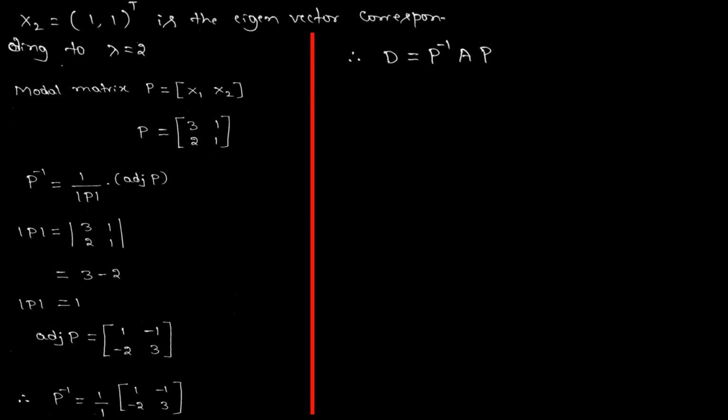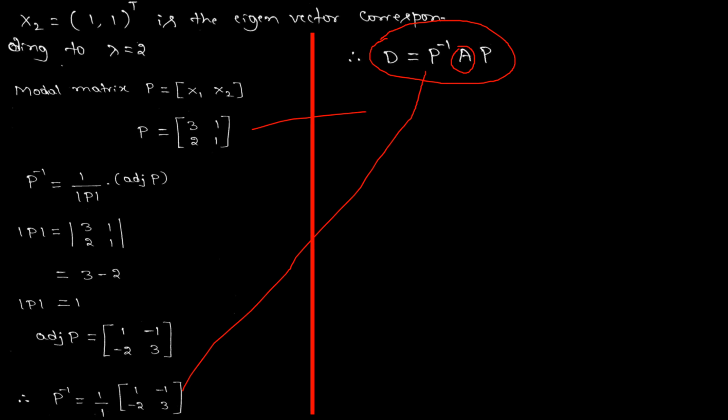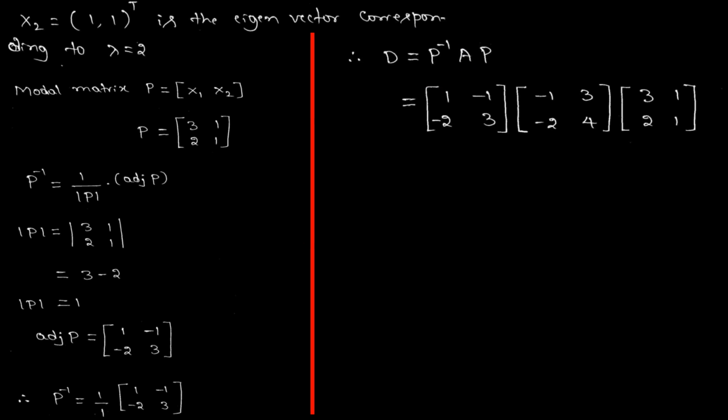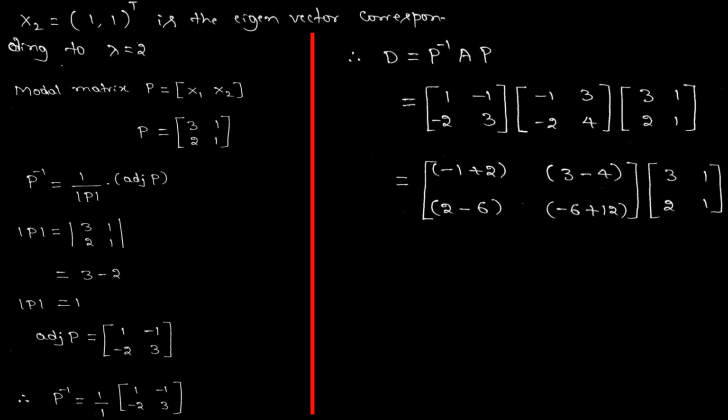The very last step to get the diagonal matrix is D is equal to P inverse AP. Let us substitute P inverse in this place, the matrix A in this place, and P here. Yes, we have substituted all three. Now let us take the product of these two first.